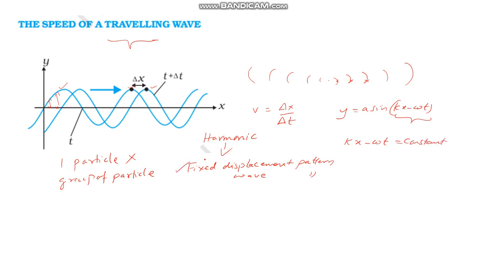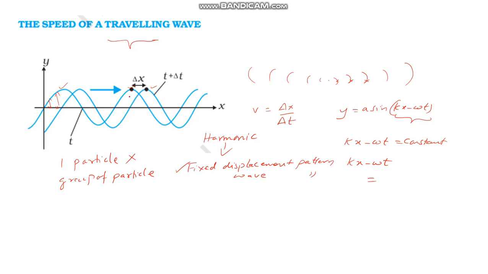to get this condition. If this value is changing, the displacement function itself is changing as a whole. So if kx minus omega t is changing, suppose here what is happening, I can write it this way: kx minus omega t, after a small incremental time delta t, this particle has moved from this point to this point.